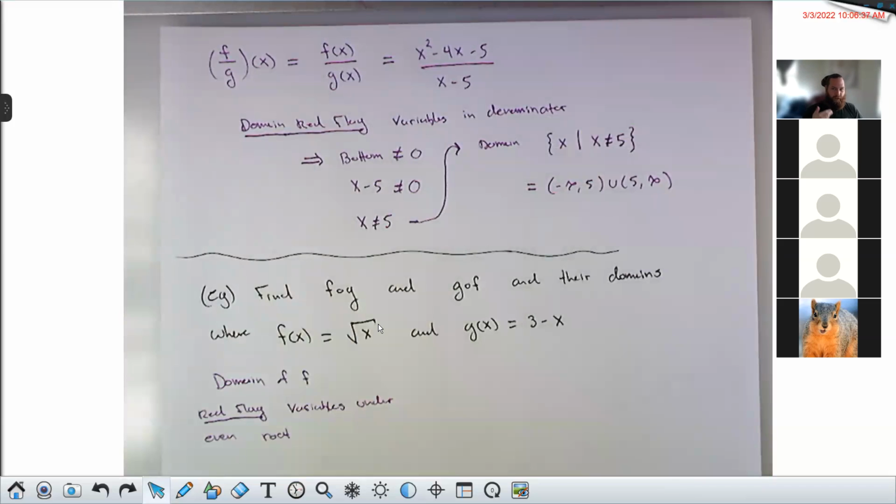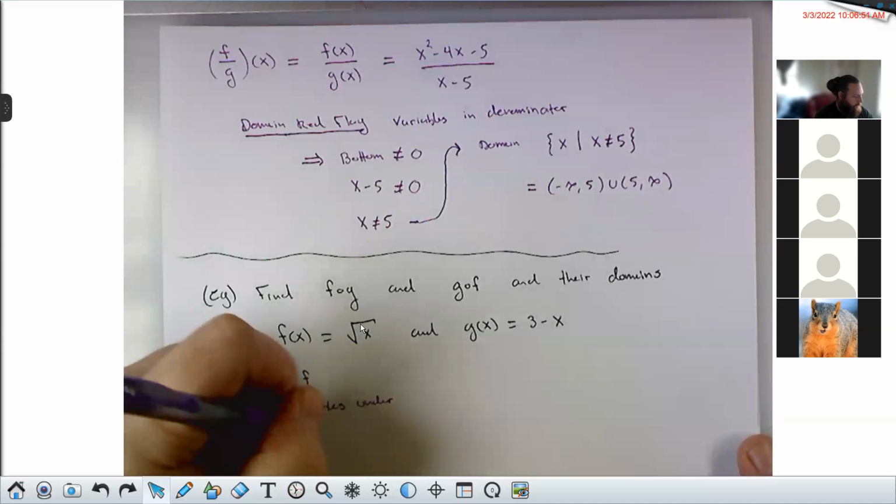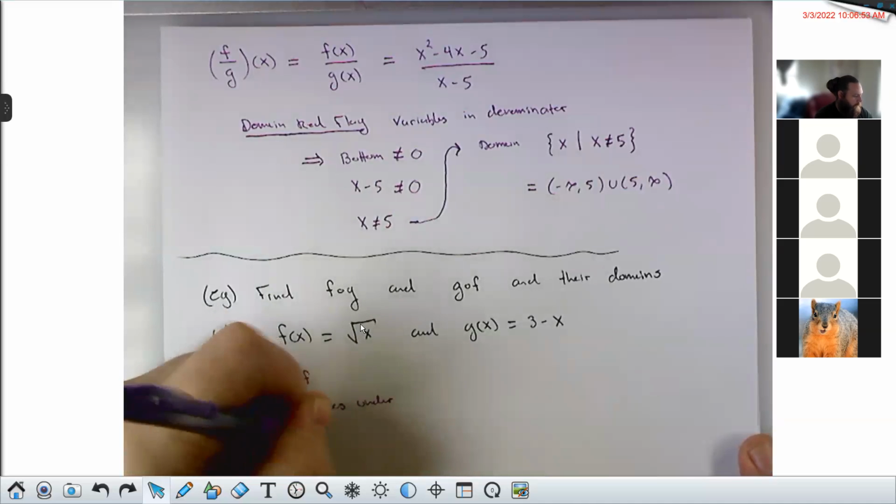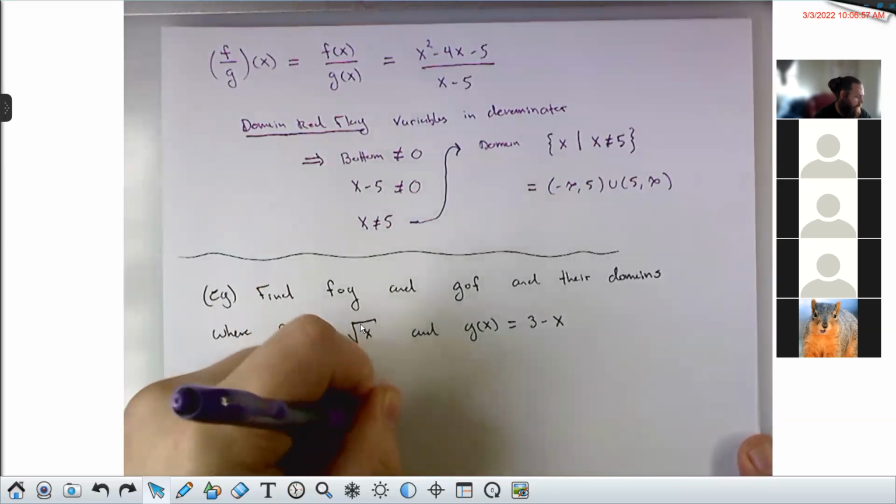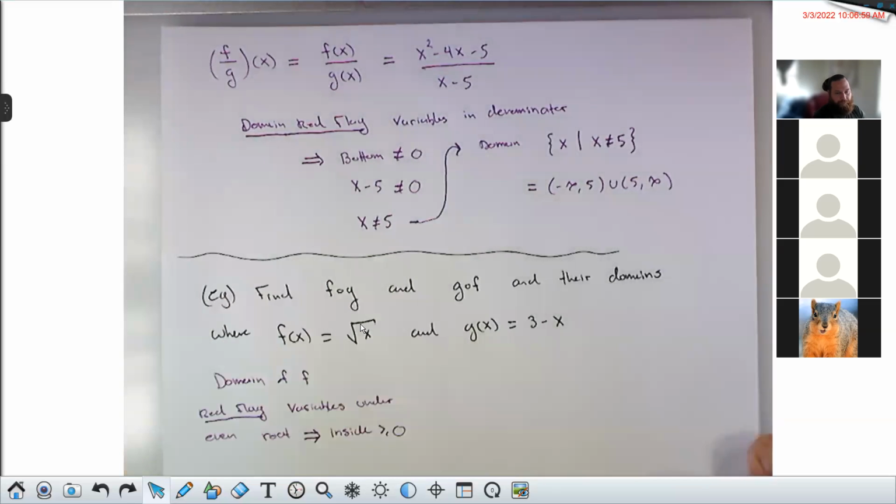And if you have variables under an even root, what we need to make sure is that the stuff inside is not negative. If you plug in like -4 here, you'd get 2i out. You get imaginary numbers out. We don't want that. We want just real numbers. So when you have variables under an even root, the thing you always need to make sure is that the inside is greater than or equal to 0.